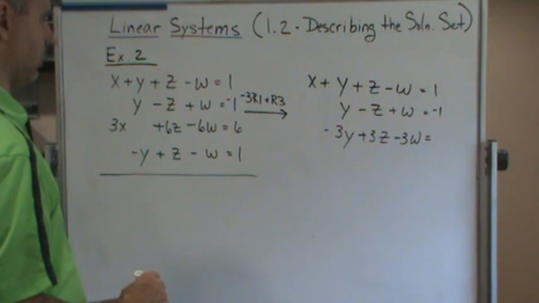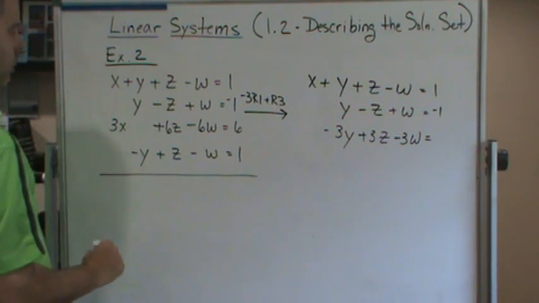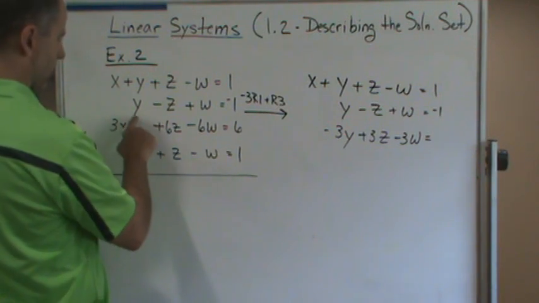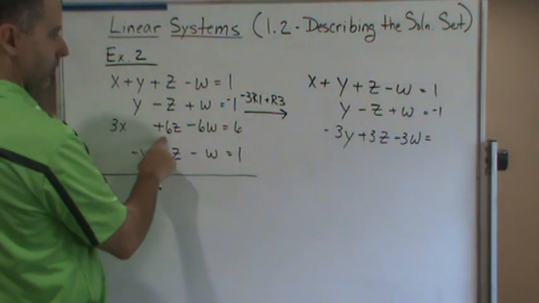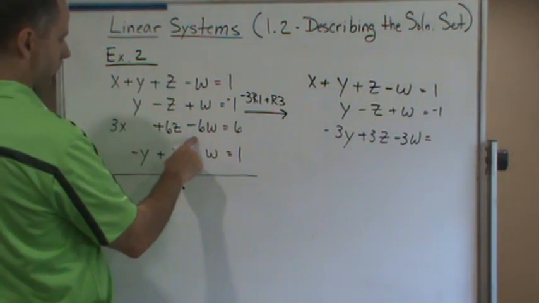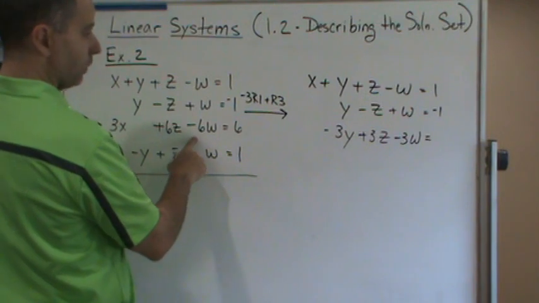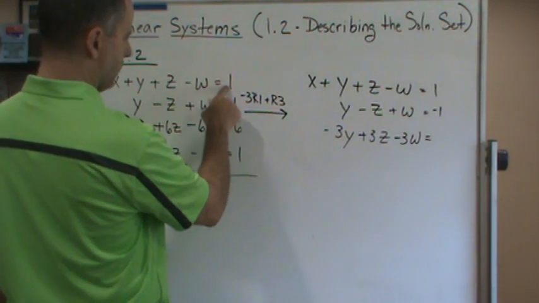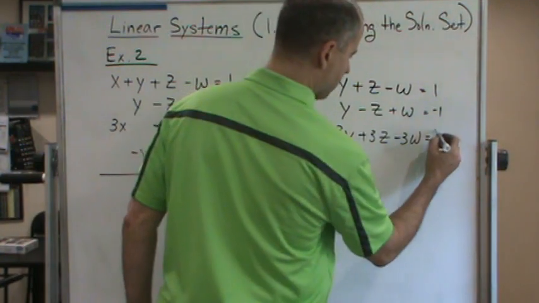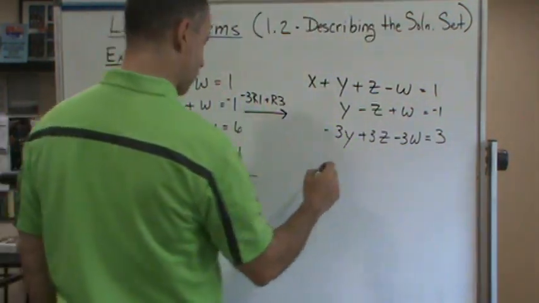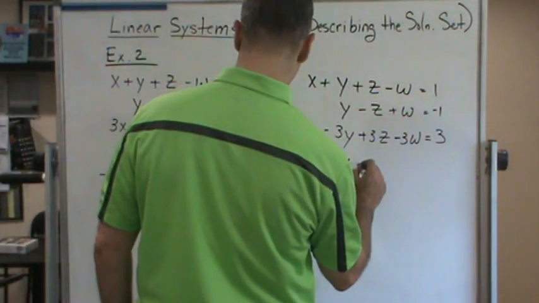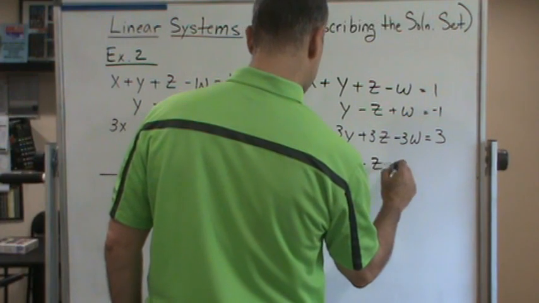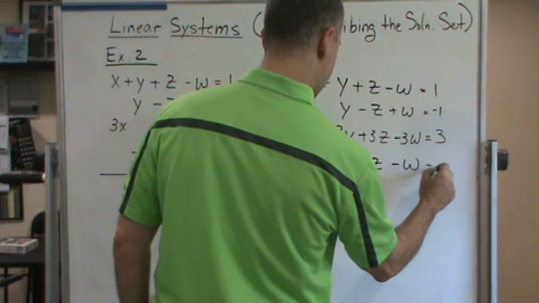Equals -3y plus minus 3w, and of course this is going to be -3, so this will be plus 3. And then the last one just stays the same, so -y plus z minus w equals 1.